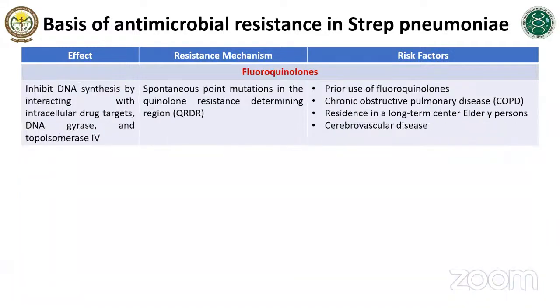And of course, fluoroquinolone resistance is also there because of spontaneous mutations in the quinolone resistance determinant region. This QRDR resistance mechanism is also common in Salmonella typhi. So these are the major resistance mechanisms and methods of their detection in Staphylococcus, Enterococcus, and Streptococcus pneumoniae.